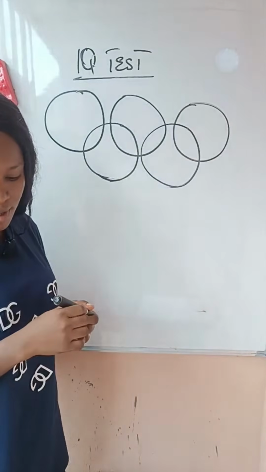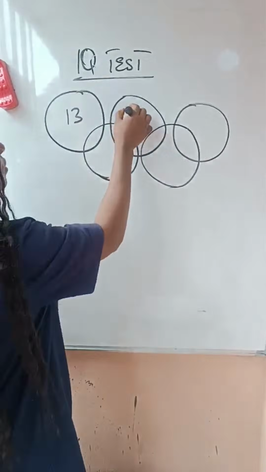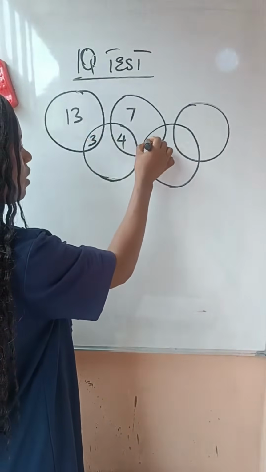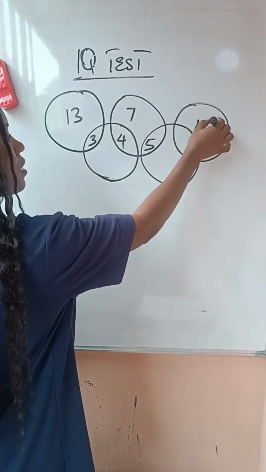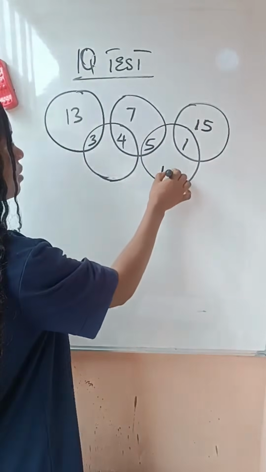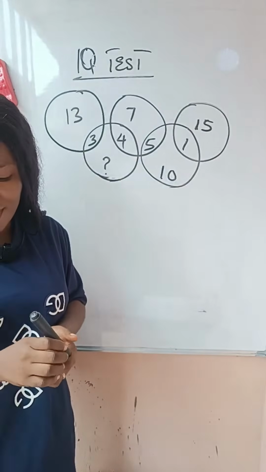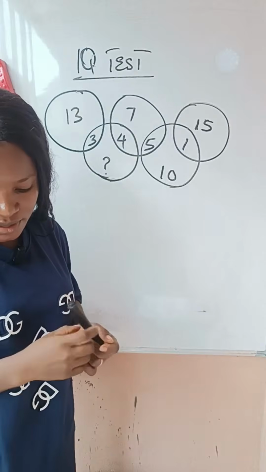All right, now we have 13, we have 7, we have 4, we have 3, we have 5, we have 15, we have 1, and we have 10. And this is the missing number.